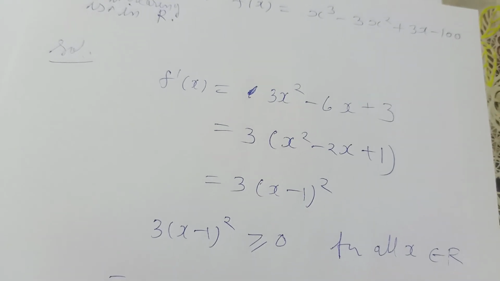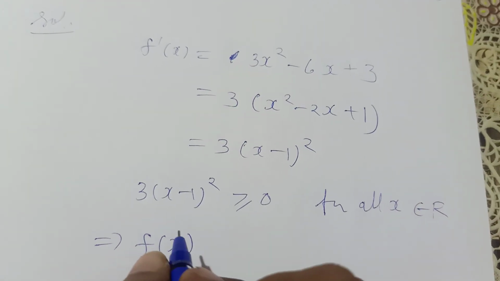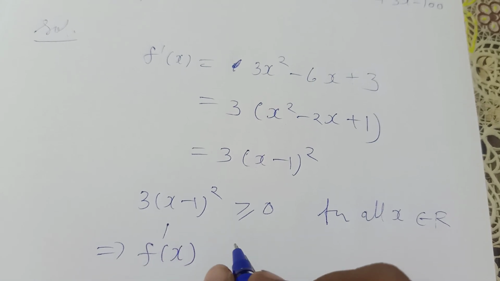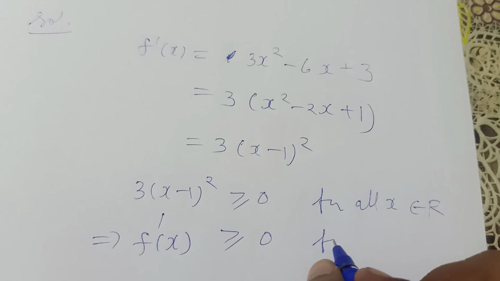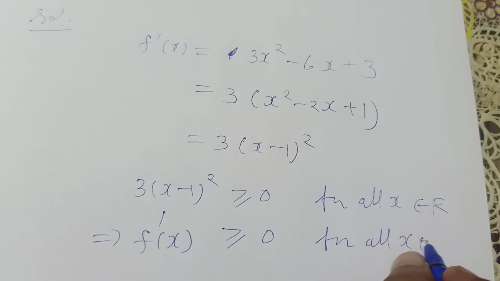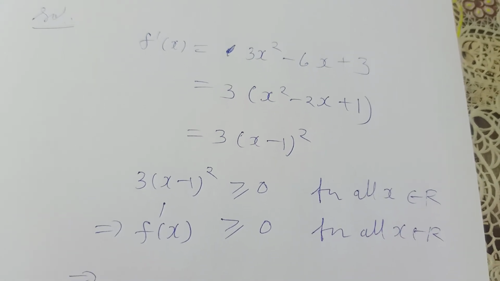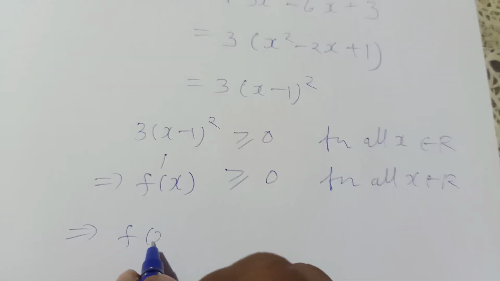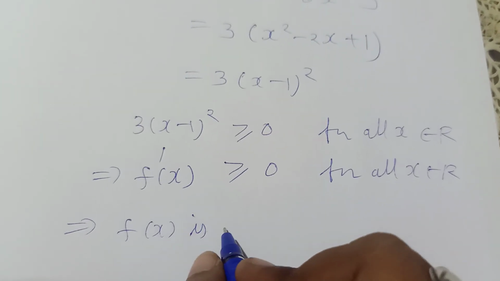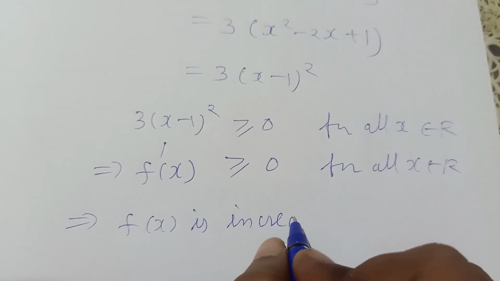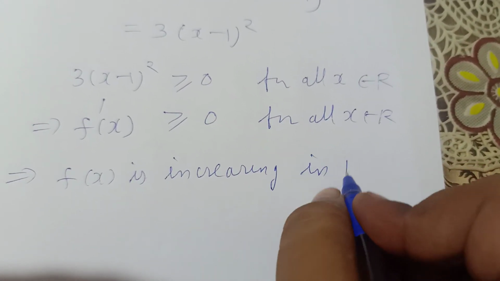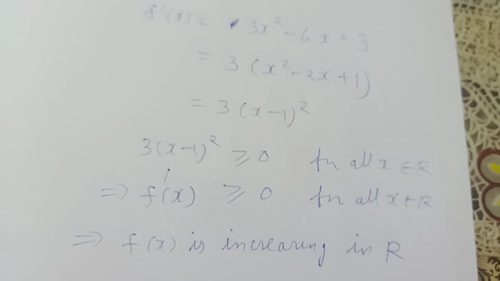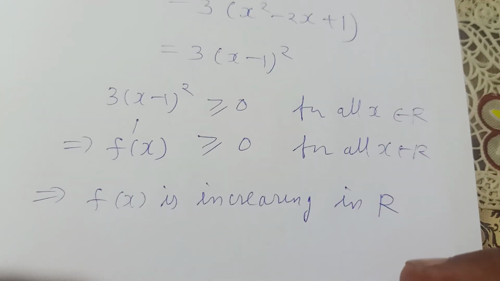This implies f dash x is greater than or equal to 0 for all x belongs to R. This implies f(x) is increasing in R. Okay, so this completes the solution.